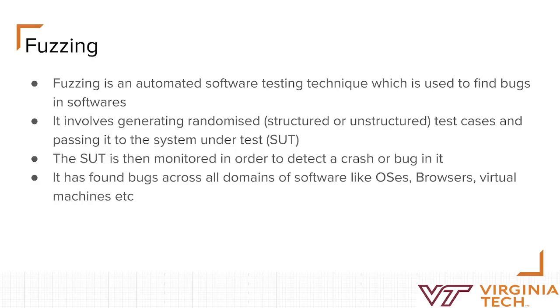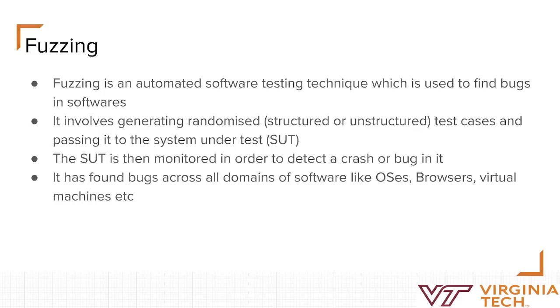So I'll just start off with a little bit of background about fuzzing for those of you that don't know. Fuzzing is an automated software testing technique, and the goal of fuzzing is to find bugs in software. Fuzzing works by generating randomized inputs, which are called test cases, for the program that you're testing, and then passing them to that program, which is called the system under test here.